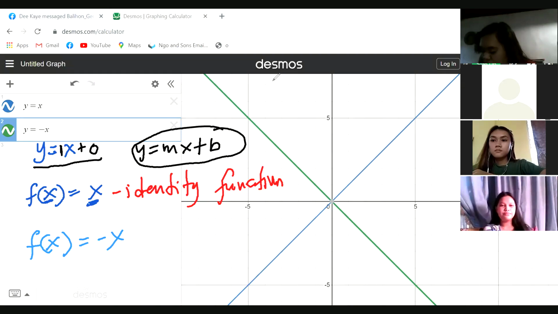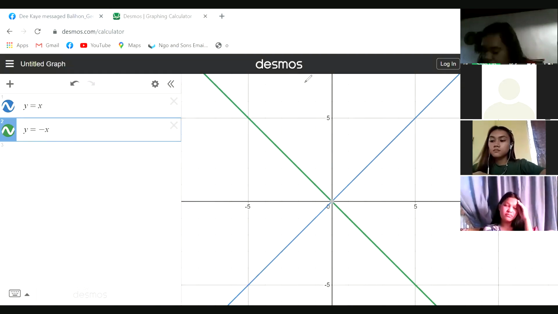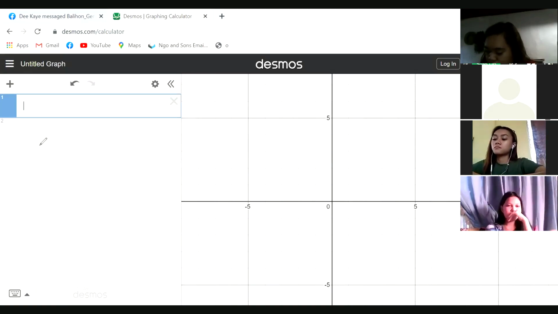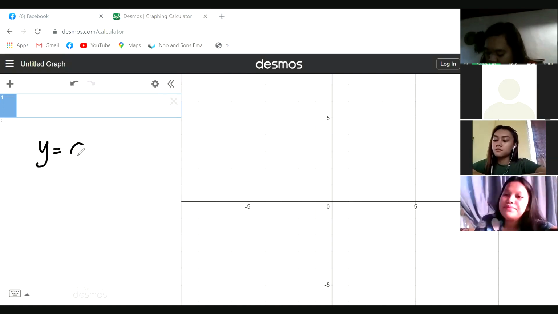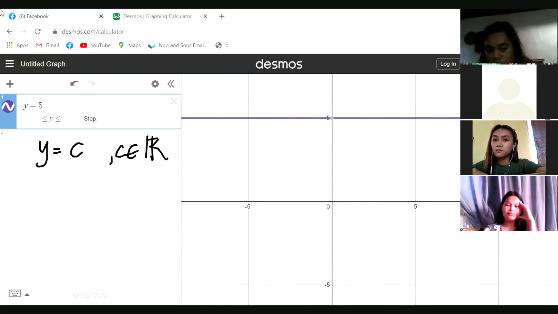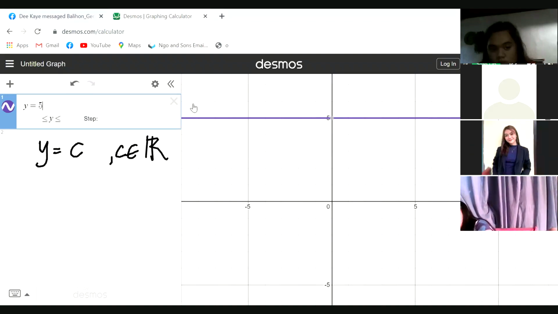The third one is the constant function. The constant function is given by y equal to c, where c is any real number or any constant. One best example for that is y equal to 5. As you can see, if that is a constant function, then your graph is a horizontal line.